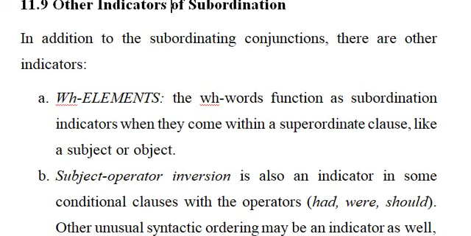Okay. Now the WH elements. Okay. I mean the WH words. For example, what, who, whom, how, which, whose, and so on and so forth. These WH elements, they function as subordination. Of course, we have mentioned them in the earlier lectures, I think, at the starting of the subordination and coordination topics.